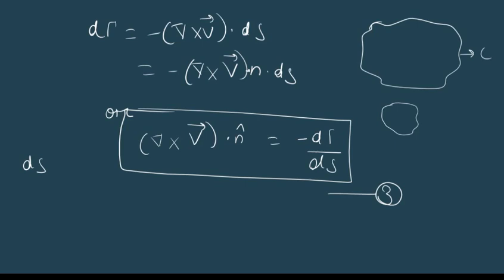If we want to sketch it, maybe here or maybe here, this would be my infinitesimally small area dS. This is your unit vector pointing outwards, and the circulation. Correct?